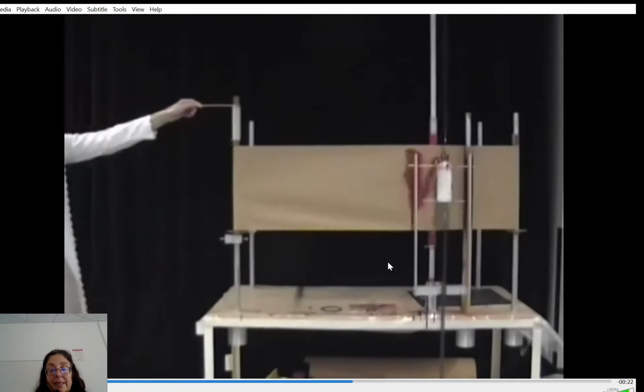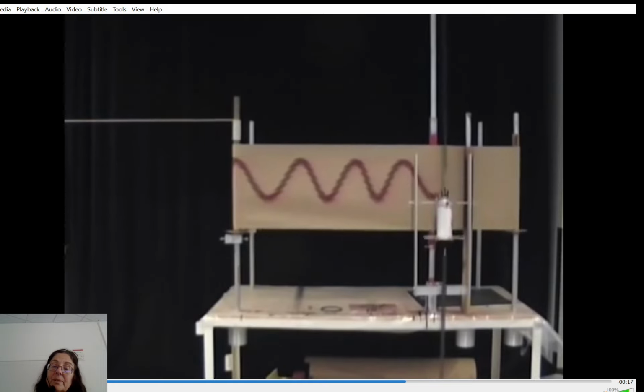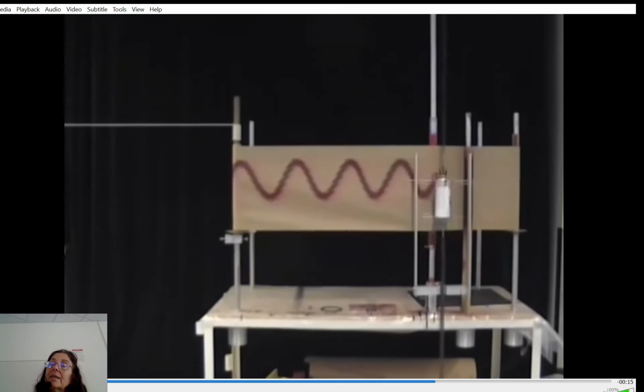Okay, you see, that's called a simple harmonic motion. See that? That's how the current is going to behave. It's going to go in one direction, then the other direction.